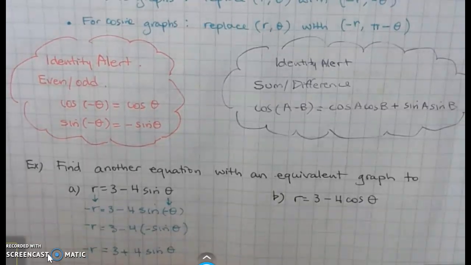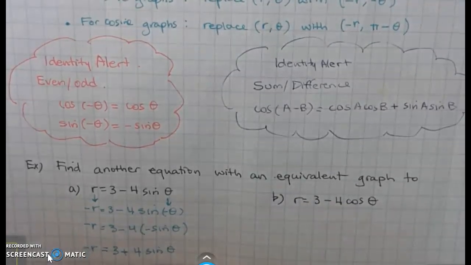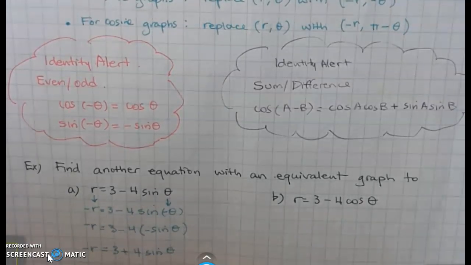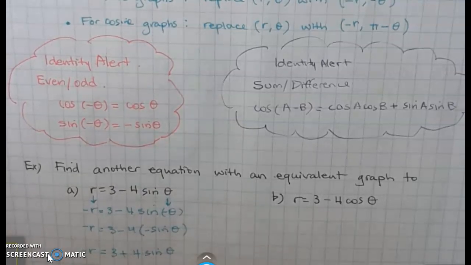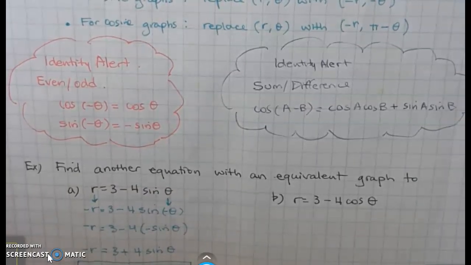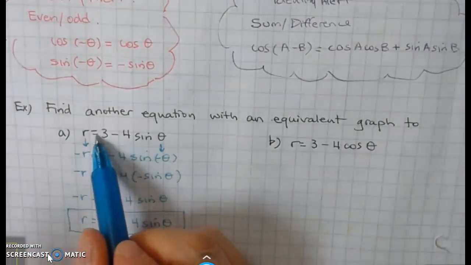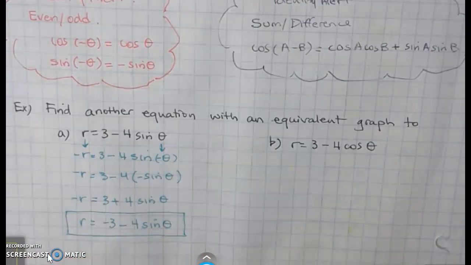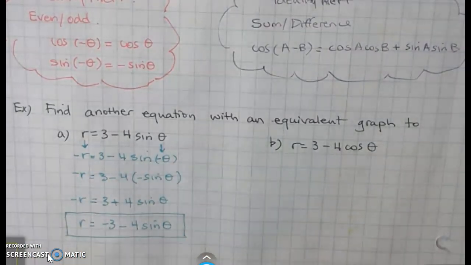So negative r is equal to that. Taking the negative of both sides, r is equal to negative 3 minus 4 sine of theta. So this equation here is an equivalent equation to this. Okay, see if you can do the same thing with b. Pause the video and see if you can tackle it yourself.